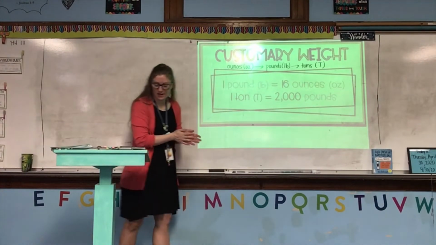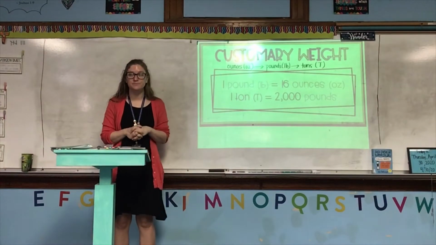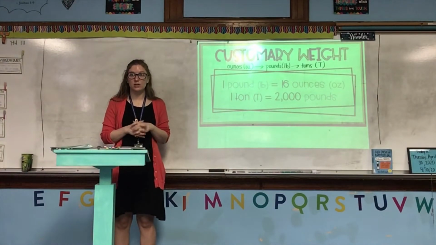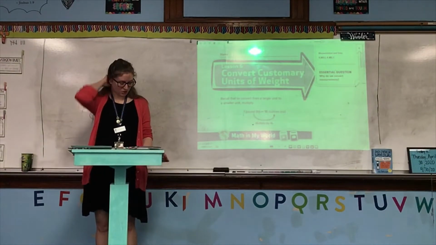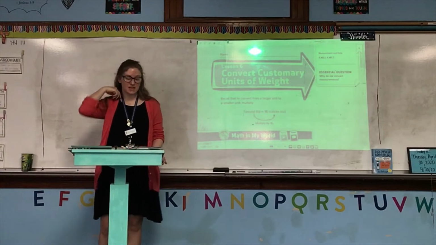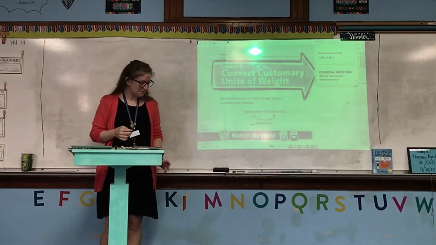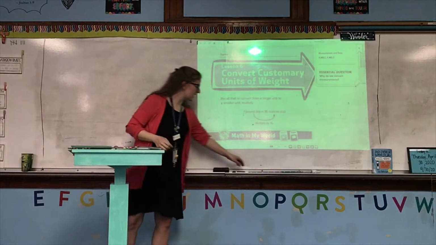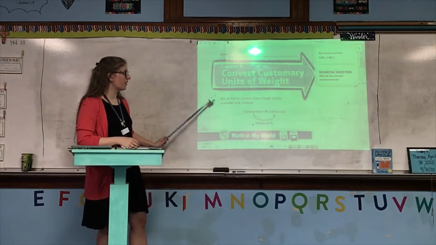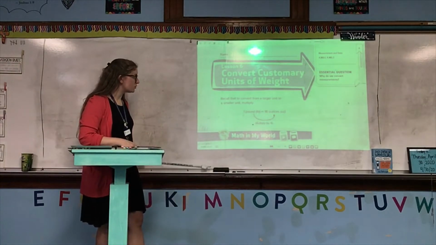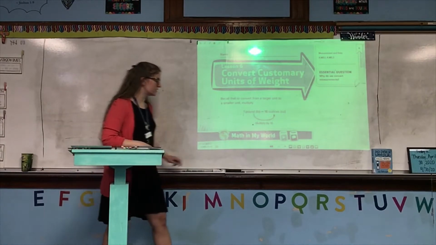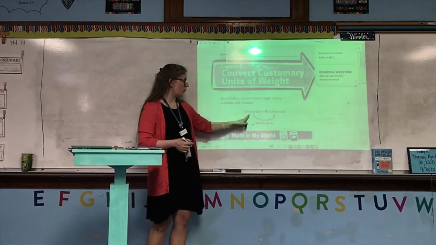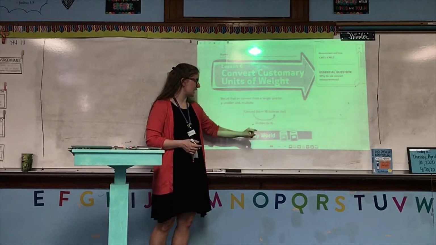So let's go ahead and look at the book, and we will do some practice with this. Okay, so now you should be open in your textbook to page 729. Let's go ahead and read the sentence under the title together. Recall that to convert from a larger unit to a smaller unit, you multiply. So we know that 1 pound equals 16 ounces.